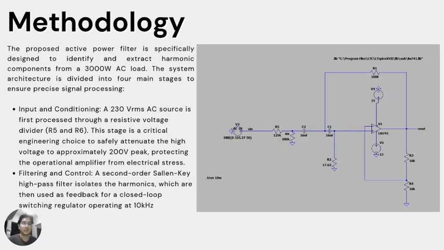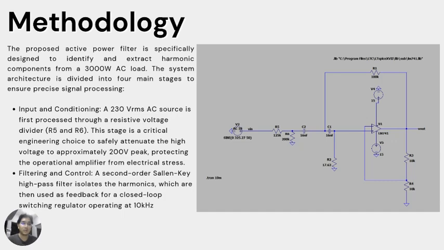For my part, methodology, the purpose of the active power filter is specifically designed to identify and extract harmonic component from a 3000-watt AC load. The system architecture is divided into four main stages to ensure precise signal processing. For the first point, input and conditioning.